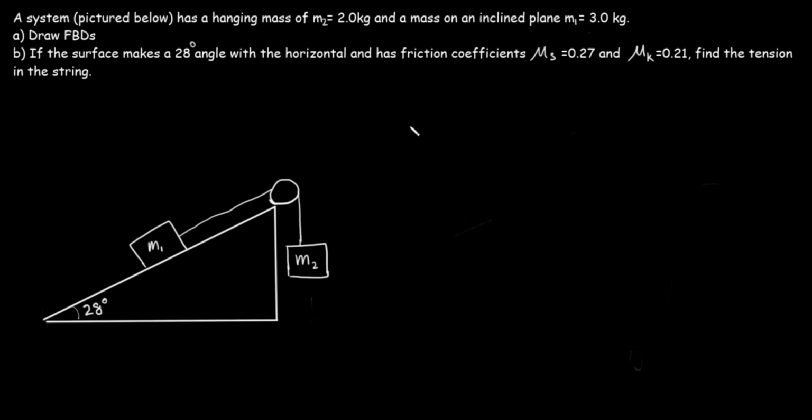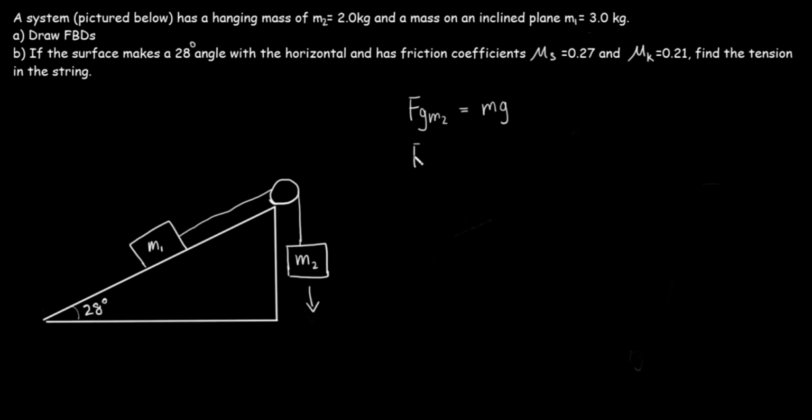So let's start with the force of gravity of M2, since we expect that to be bigger than M1, because usually in these problems, the whole system's moving in this direction. So the formula for the force of gravity is mg.